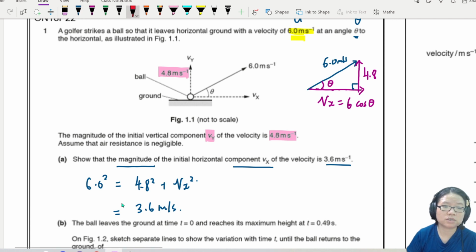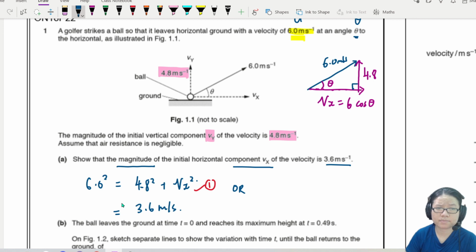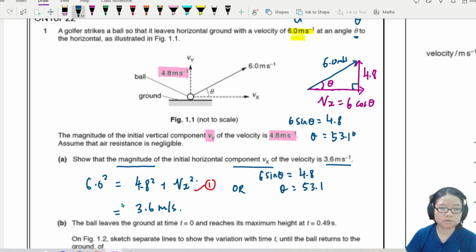This is 1 mark, so make sure you show this. Of course, if you want to, you can also use sine and cosine, so you can find the angle theta like this. For example, you could say 6 sine theta is 4.8. From here, theta is equal to 53.1 degrees.